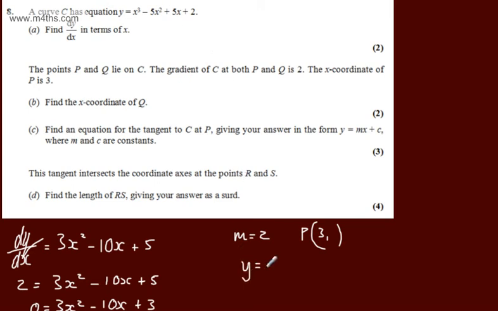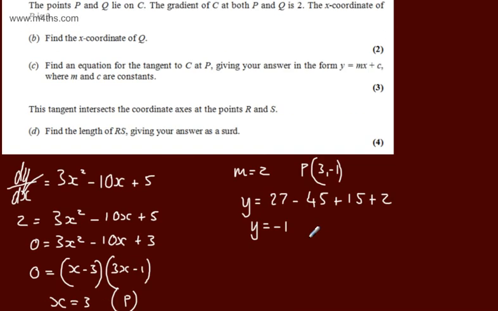So y is equal to 3 cubed, which is 27, minus 5 lots of x squared, which gives minus 45, plus 5 lots of x, which gives 15, plus 2. So all I've done is taken the x-coordinate and subbed it in. So we've got 27, then 42, and then 44, so we can see from this that y is equal to minus 1.